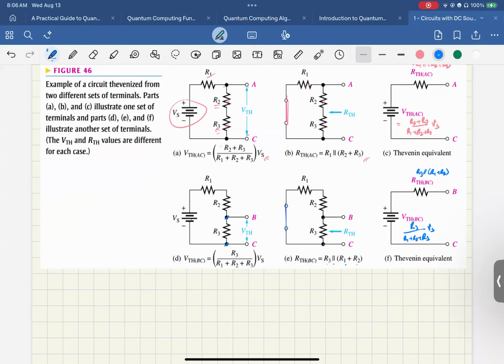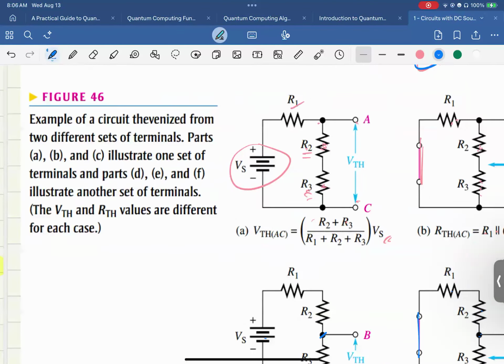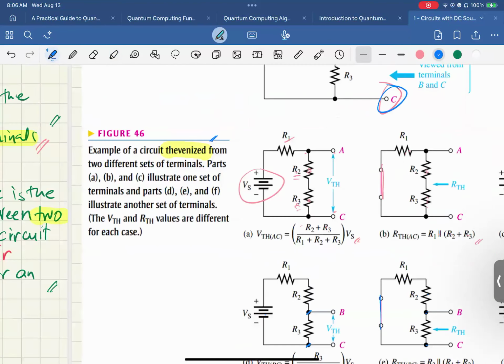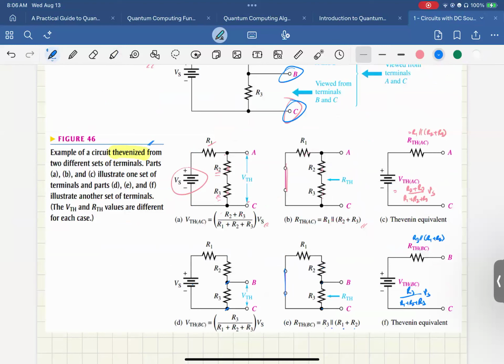Okay, when you have converted ang isang circuit into its Thevenin equivalent circuit, then you say na you have Thevenized yung circuit na yan. So it's just a cool term para hindi natin kailangang ulit-ulitin na sabihin na convert a circuit to its Thevenin equivalent circuit. You Thevenize the circuit.